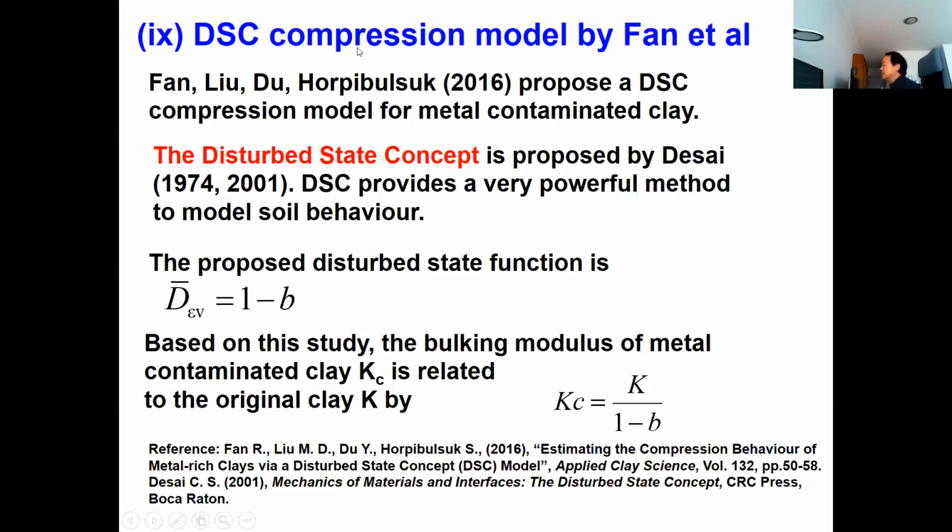You will be able to use this distributed compression, DSC compression model. It looks simple, but when you use it, it's very complicated. But when you do a simulation, you can get a very, very good result. So these are the compression models for soil. You can review these models in your literature review.